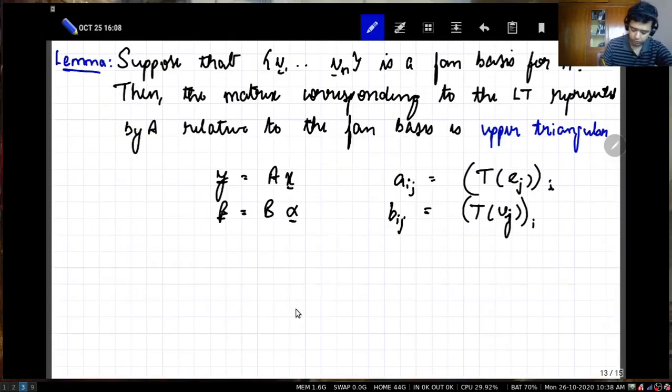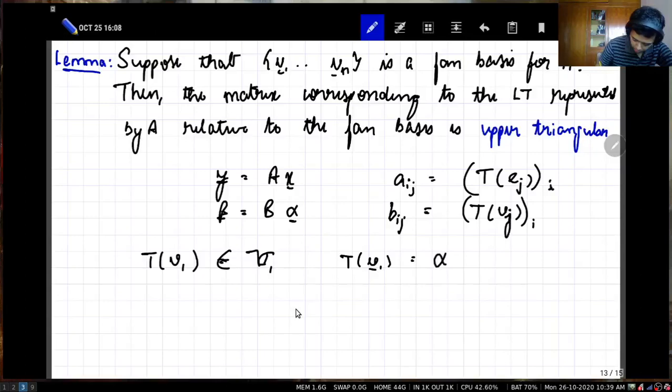since this is a fan basis, note that T of v1 obviously lies in V1, right? So therefore T of v1 is just going to be beta 1 1 times v1.